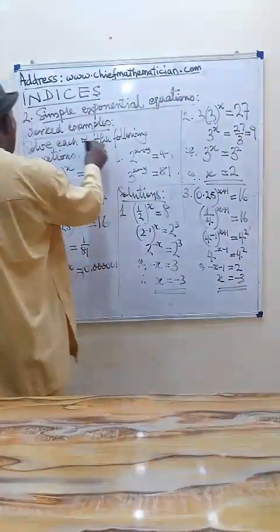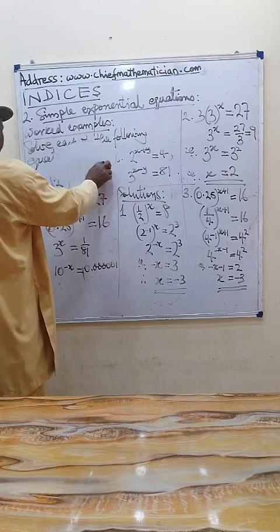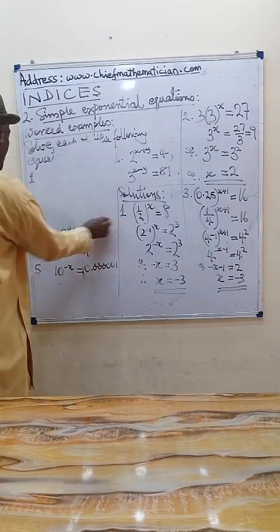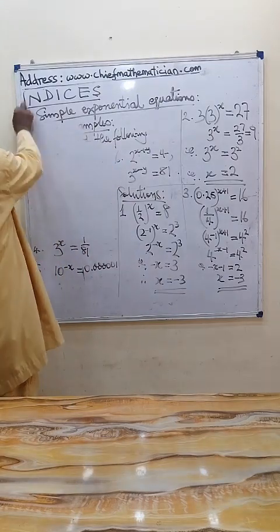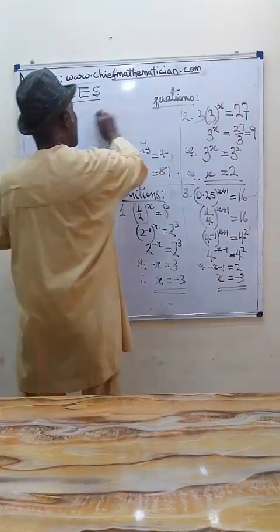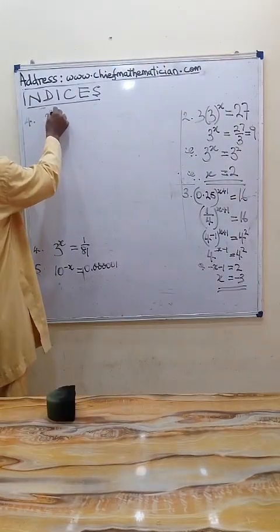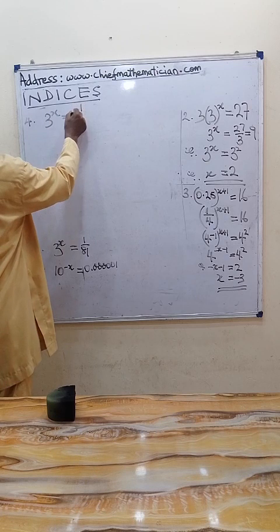Now, number 4. 3 to power x is equal to 1 over 81.